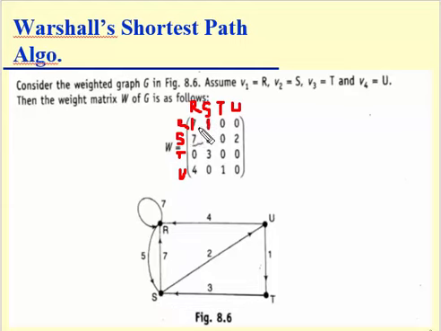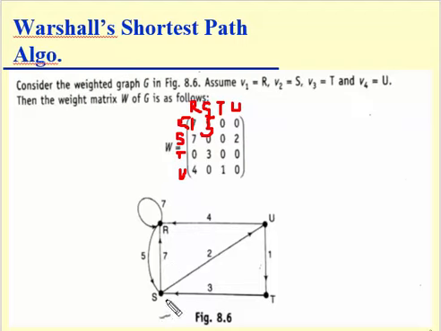But now you have been given the weights. What is the number of kilometers to go from R to R? That is 7, so you need to write down 7 here. And R to S, what is the distance? 5, so you write down 5 here. R to T, there is no edge, so it would be 0. R to U, there is no edge, so that would be 0.